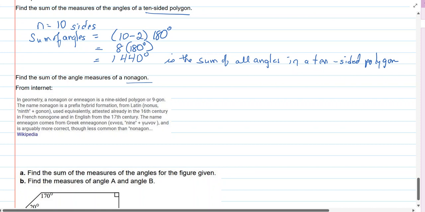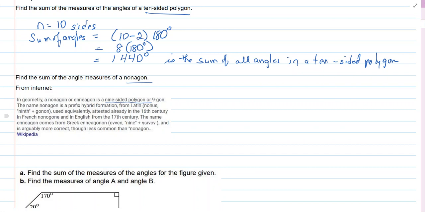Nonagon. I got this from the internet. A nonagon or enneagon is a 9-sided polygon, a 9-gon. The name nonagon is a prefix hybrid formation from Latin nonus, ninth, and Greek gonon, attested already in the 16th century in French nonagone and in English from the 17th century.